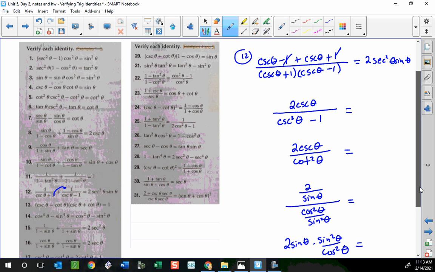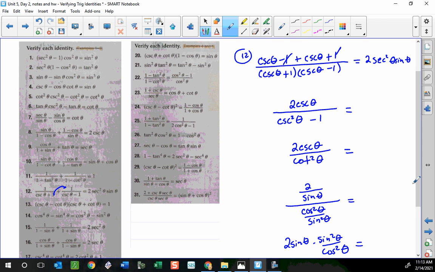Make sure I did everything right. Cosecant over sine. Okay, 2 secant squared. That should be sine to the third, I'm thinking. Let me pause and go see if there's a typo.